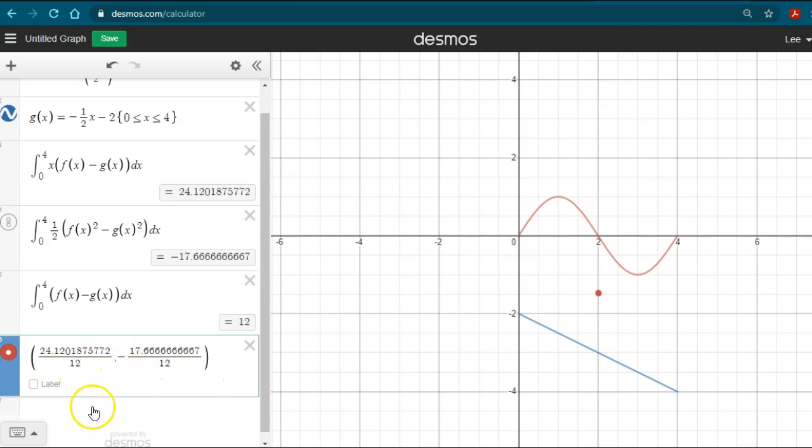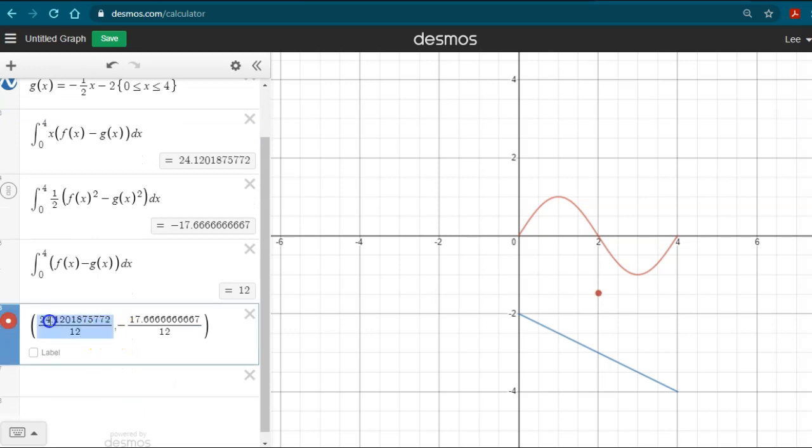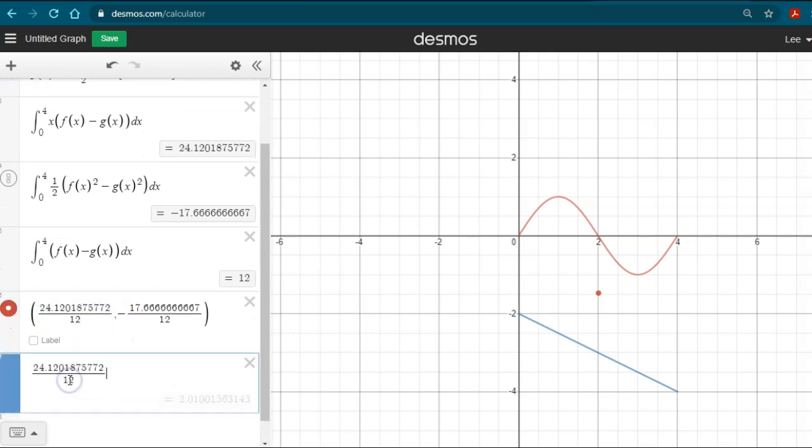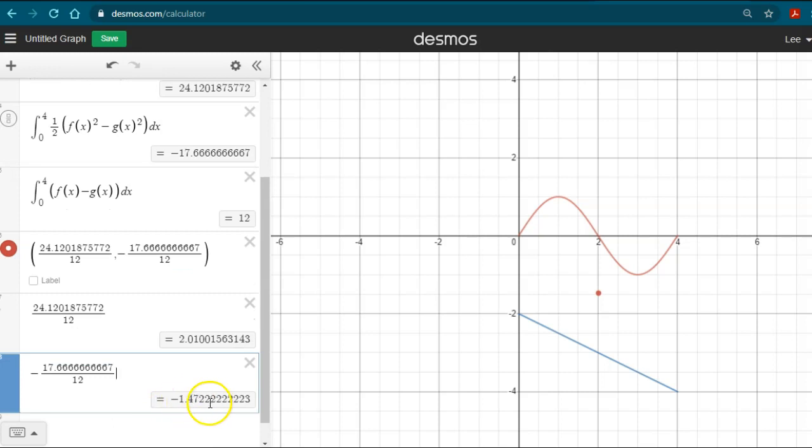If you want to get the decimals for those, I guess we'll go ahead and copy those here. So 2.01 about for that one, and about negative 1.472 for that y coordinate right there. So that's just a quick rundown going through.